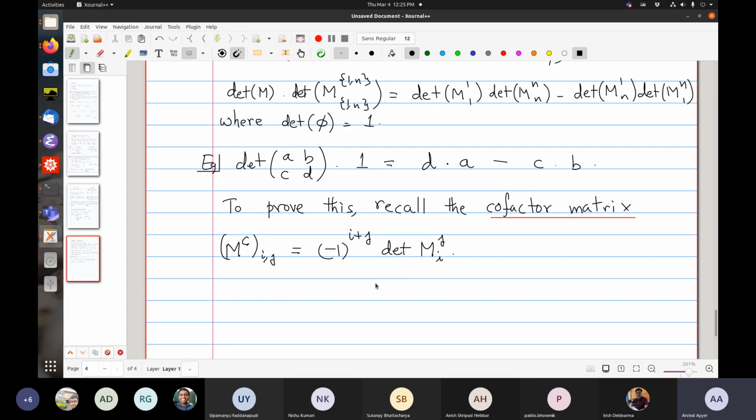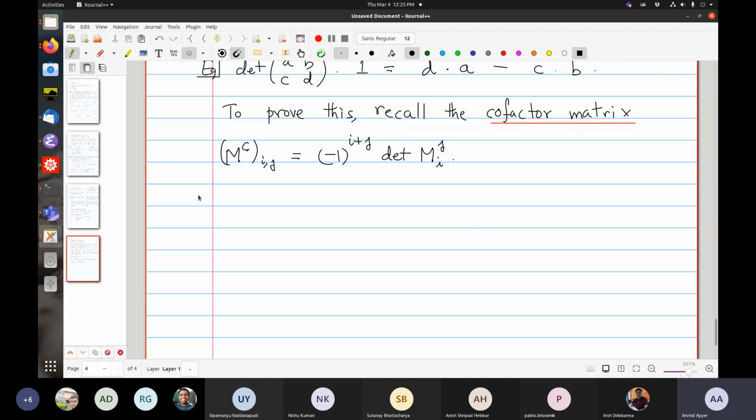So, okay, so then if I take the ith entry of M dot MC, oops, sorry, this is sum k equals 1 to n of m_ik times mc_ki, and this will be exactly determinant of m.